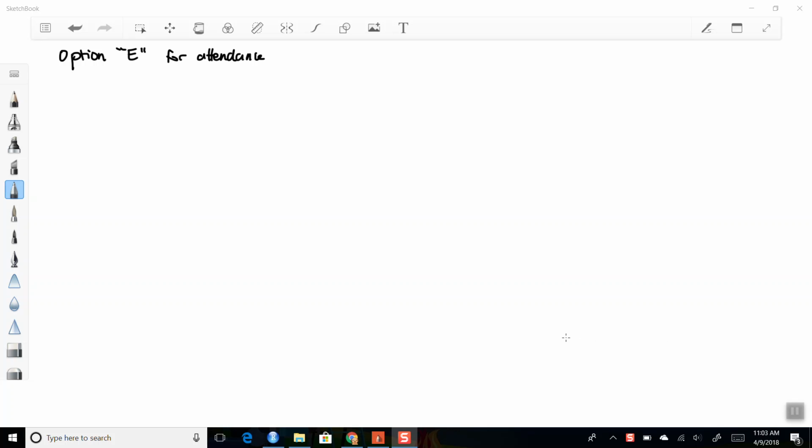So we are doing rejection sampling, and on Friday we covered the uniform case where we had a uniform proposal distribution.